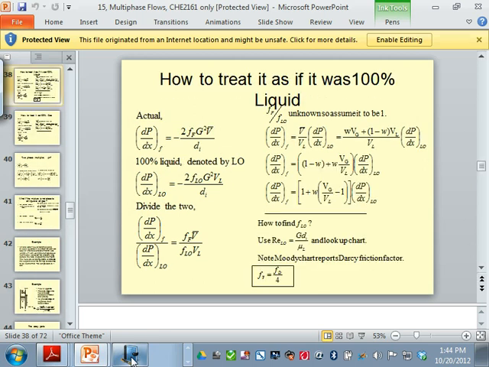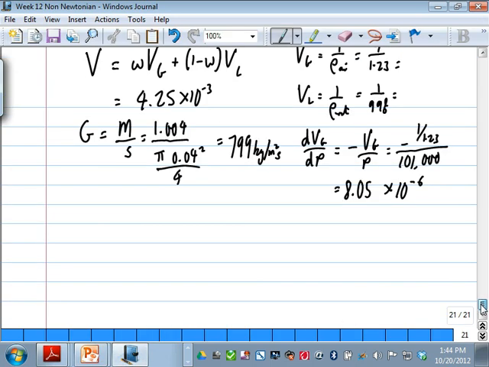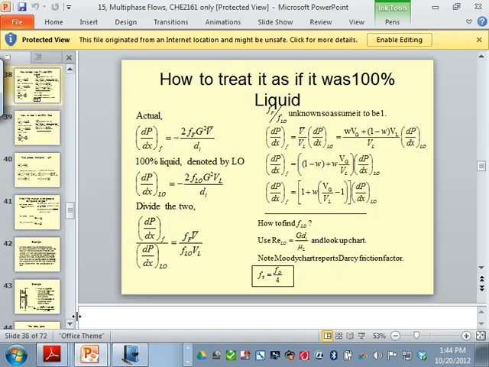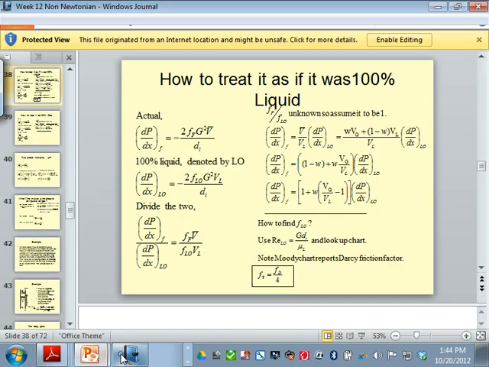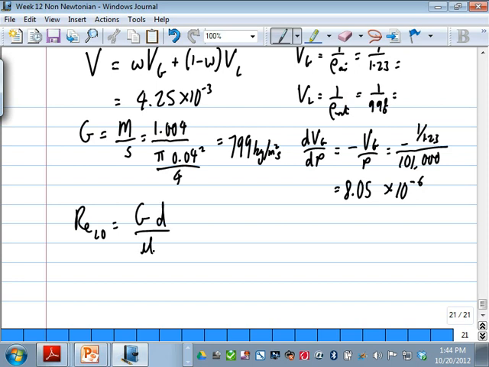So the first step, we calculate our Re_LO, which is equal to G D over mu L. G is 799, D is 0.40 mm, is it? Over mu L, which is 1.2 times 10 to the minus 3.